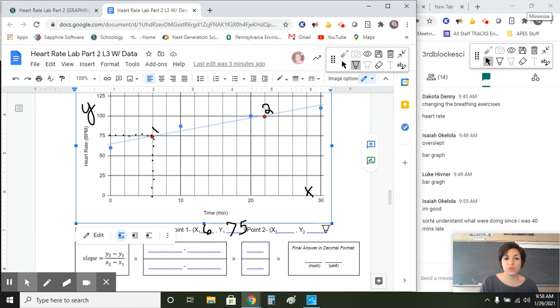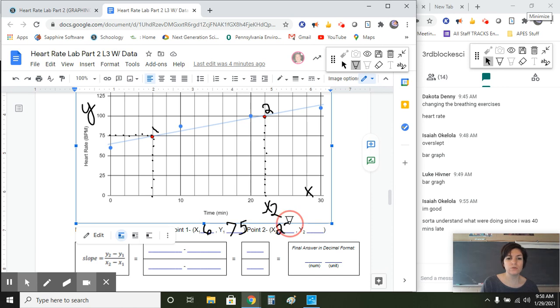My x2, y2, I take this down to the x axis. So this is my x2. Each of these lines is worth 2, so 20 plus 2 is 22.